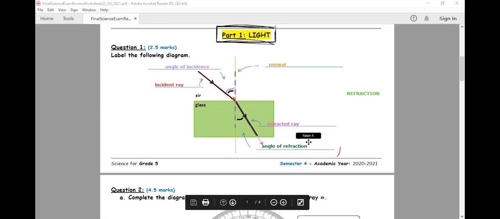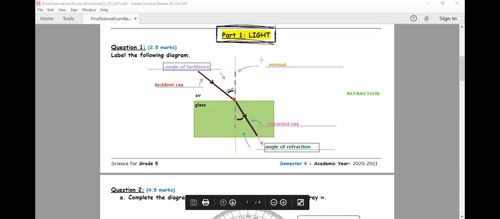Okay, guys, are the angle of incidence and the angle of refraction equal? Are these two equal to each other? Didn't we say that the light ray bends, it changes its direction, it does not continue straight? So these angles must be different.